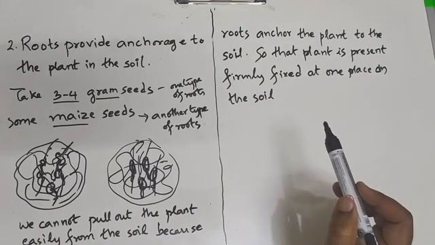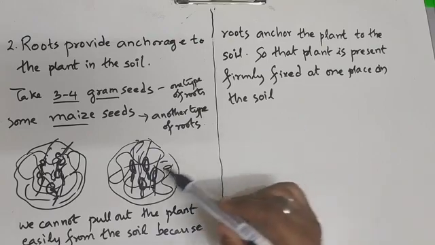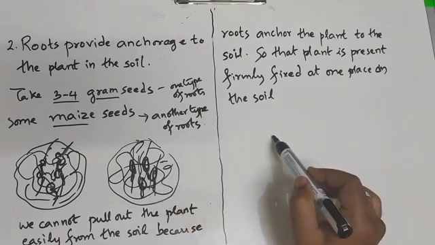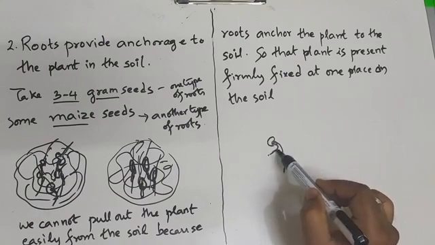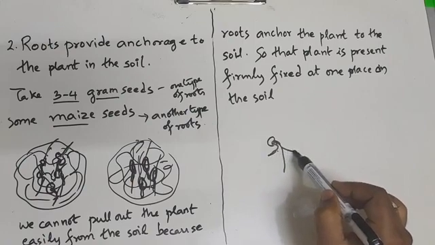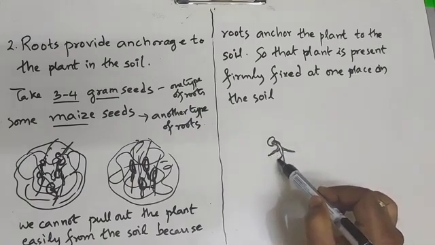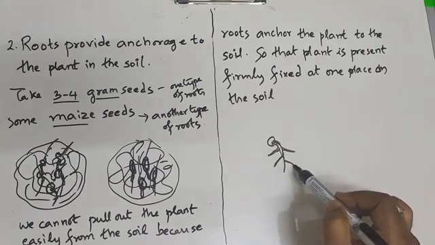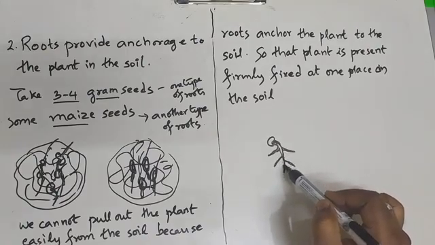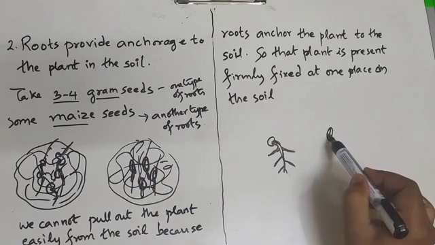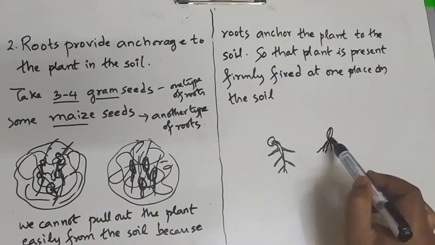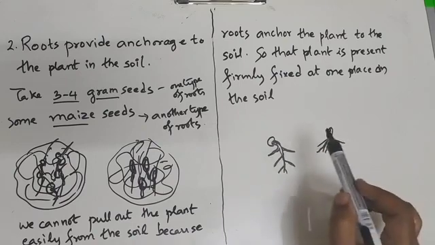Okay, now if you look at the roots of a gram plant and the roots of a maize plant, what are the similarities in both?